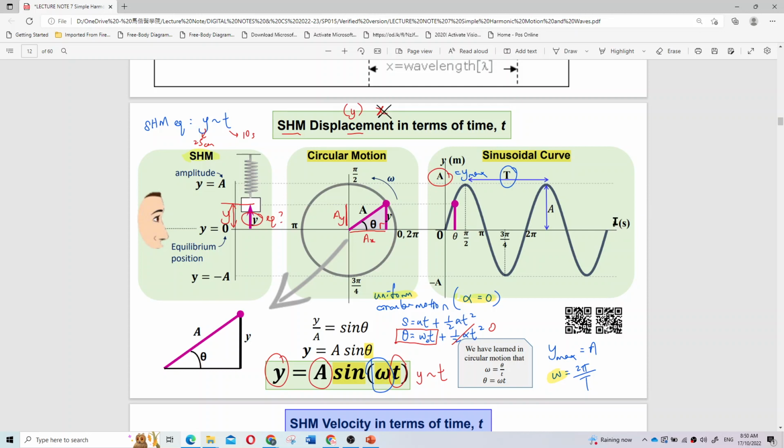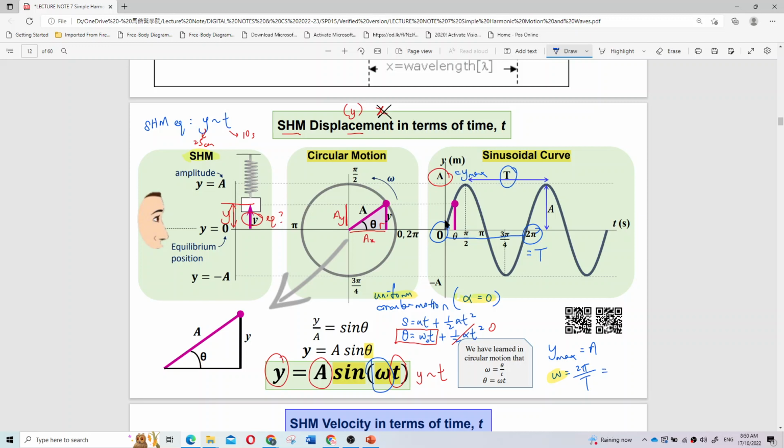Like in this graph, what is the period? From here up to this point, isn't it? So this is the period, right? So let's put it into the equation.